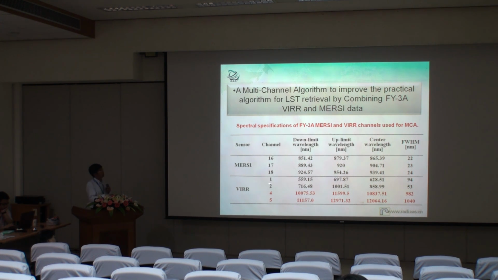We use channel 1 and channel 2, the visible and near infrared bands, to calculate the vegetation index, and then based on the vegetation index we calculate the land surface emissivity. And then we can use the VIIRS bands 16, 17 and 18. These bands are sensitive to water vapor content. So we can use these bands to retrieve the atmosphere water vapor content, and then we can get the atmosphere information to support the VIIRS land surface temperature retrieval algorithms.